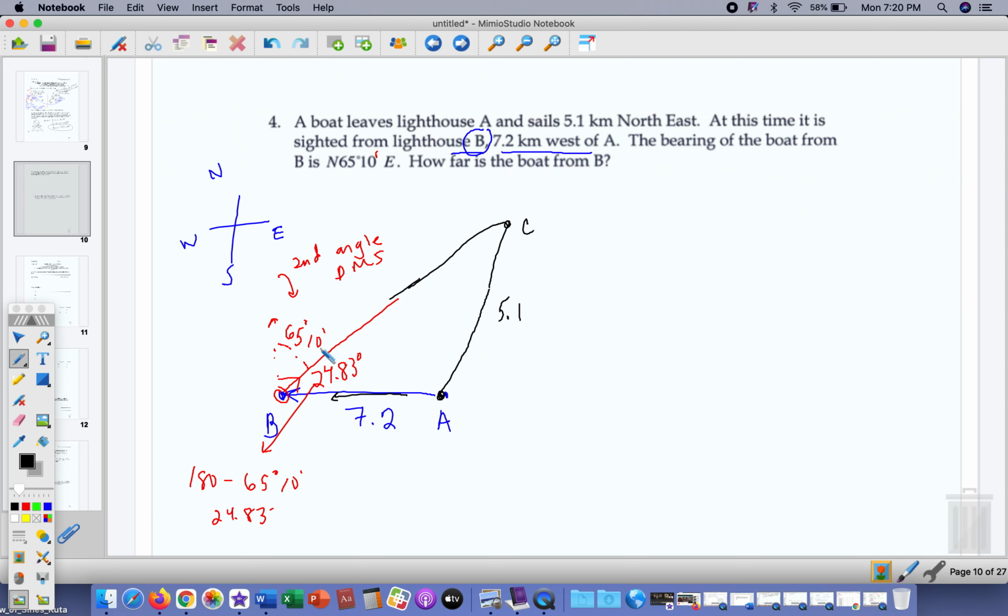So we want to find right in here. I'm going to label this as little a, this little b, little c. So we essentially want little a. What do we want to do first?